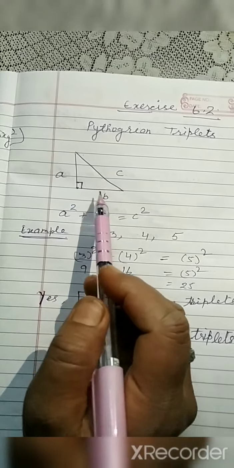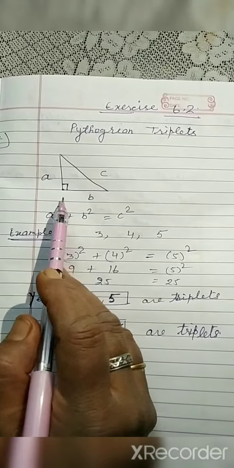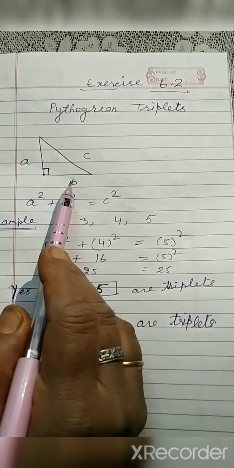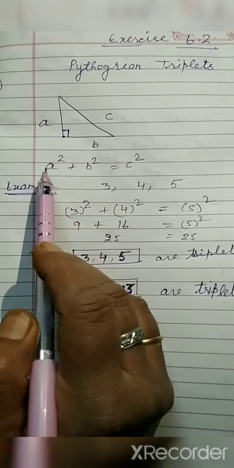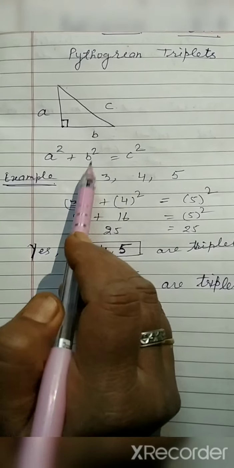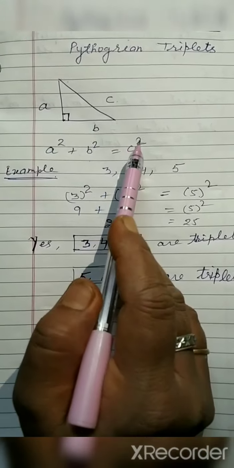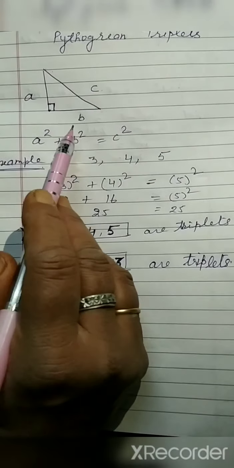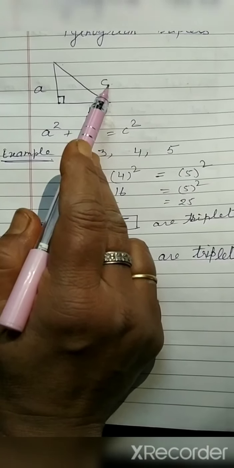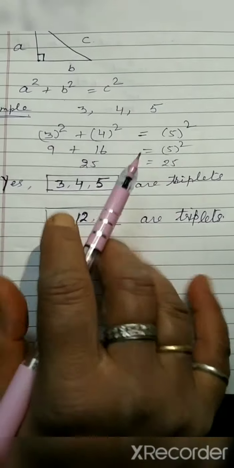So we know that in Pythagoras theorem, a square plus b square is equal to c square. So let's take a as 3, b as 4 and c as 5.